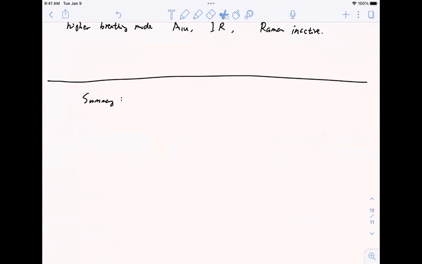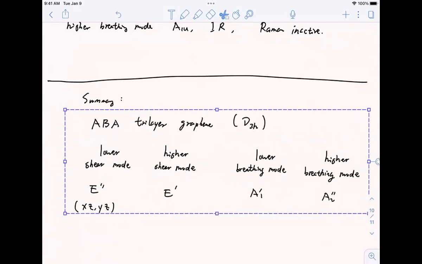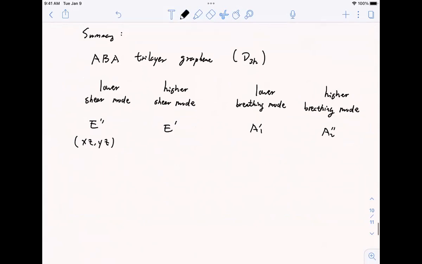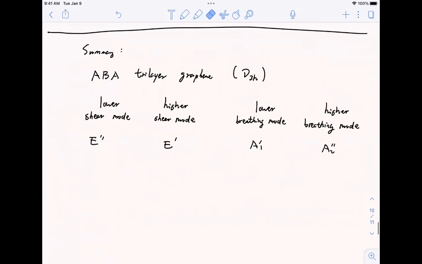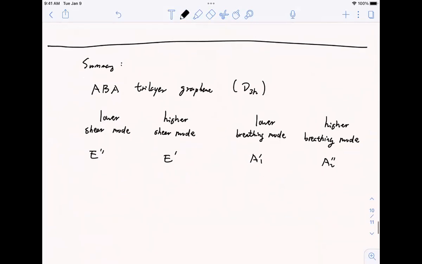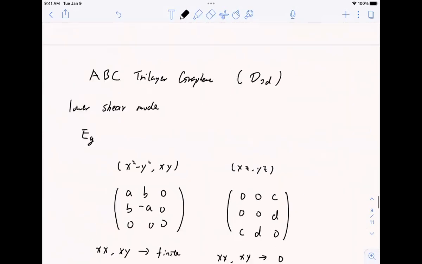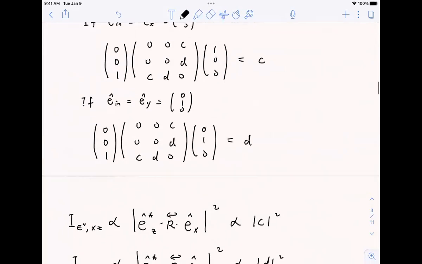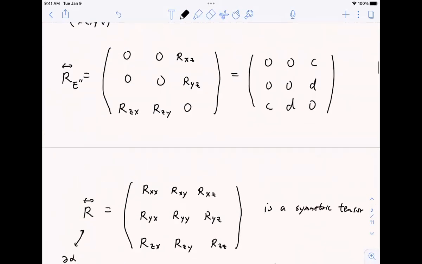Okay, let's write a summary. Like this. Then you can have ABA. So from this, you can just write down the selection rule. I actually forgot. Okay, so let me write down the selection rule.